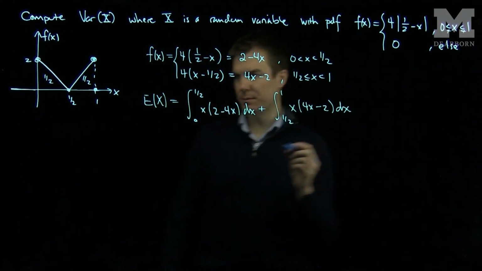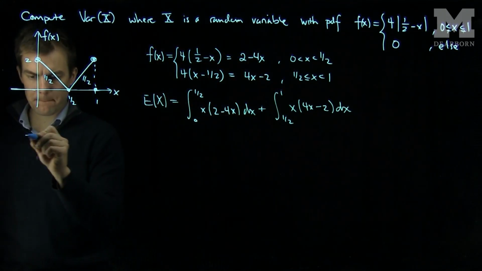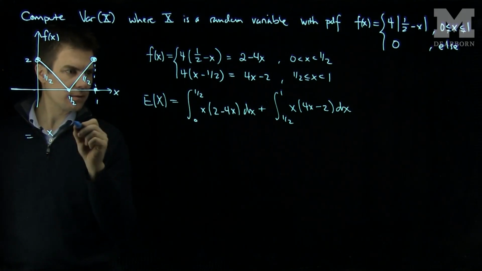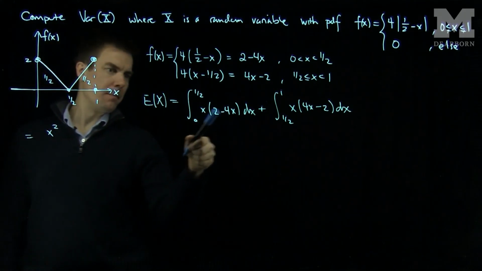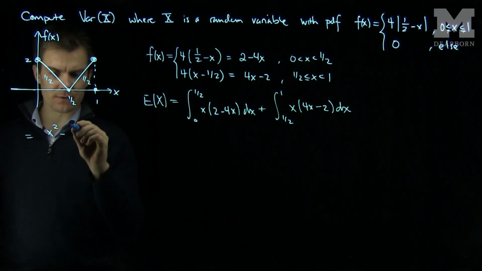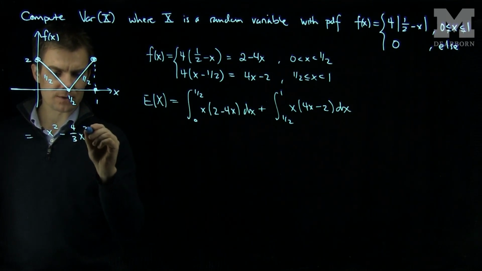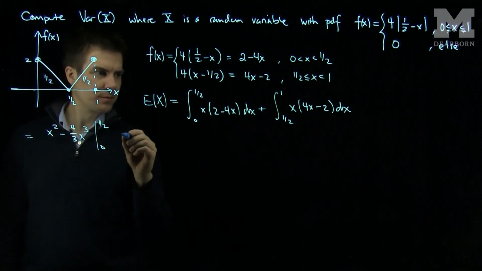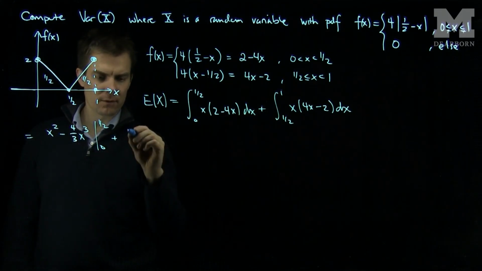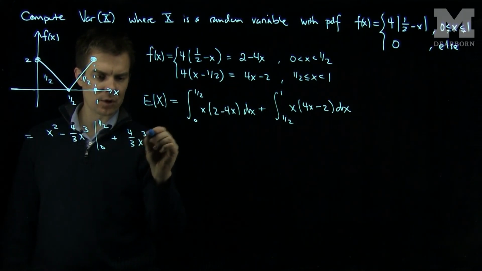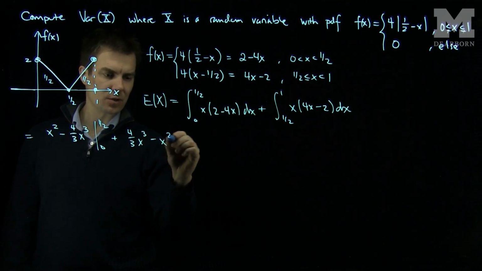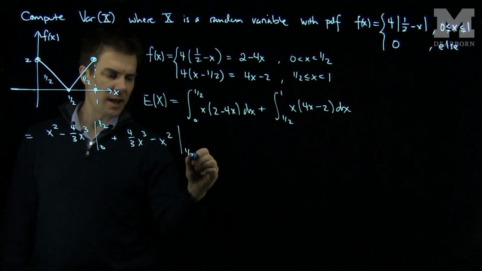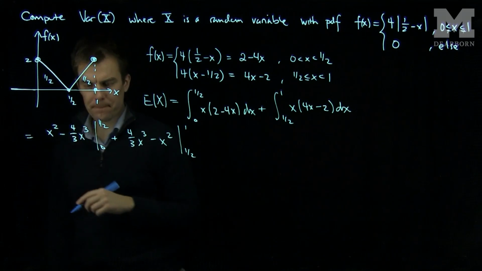This will give us x squared minus 4/3 x cubed from 0 to 1/2, plus 4/3 x cubed minus x squared from 1/2 to 1.